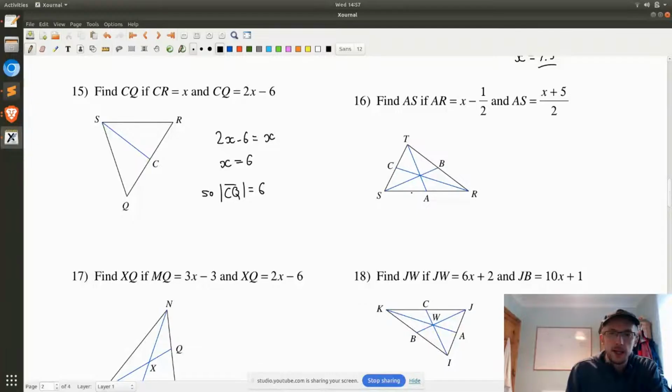Find the length of AS. If you know that AR is x take a half, and AS is x plus 5/2. So equate them. And times everything by 2.